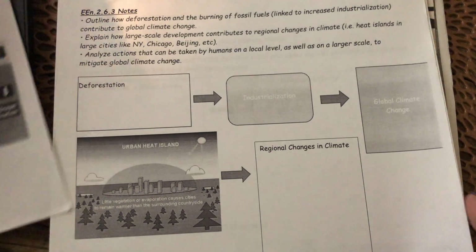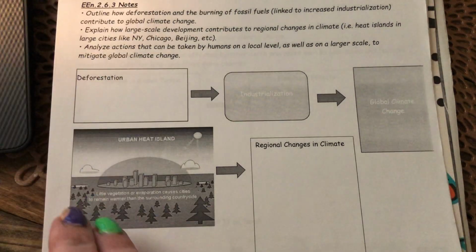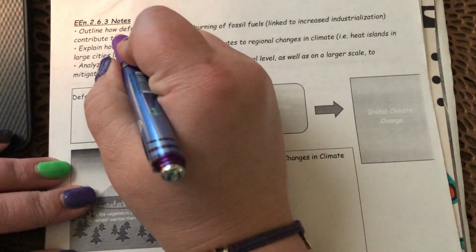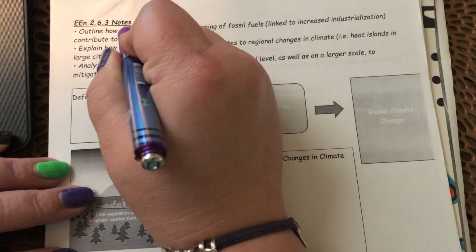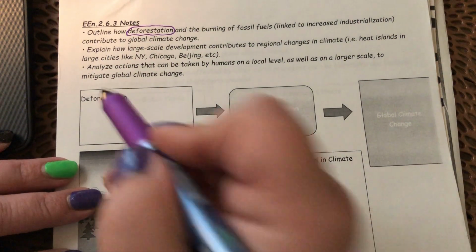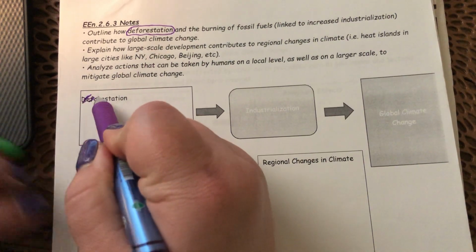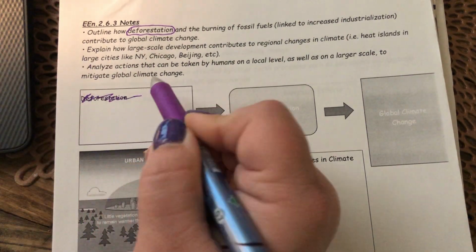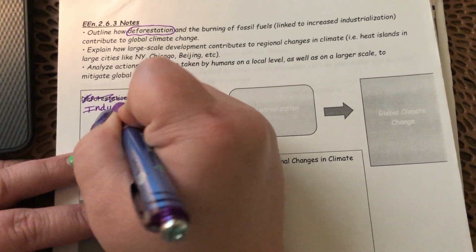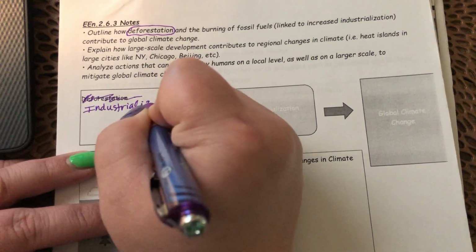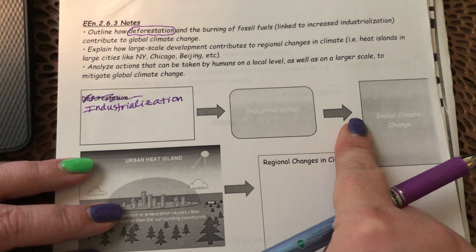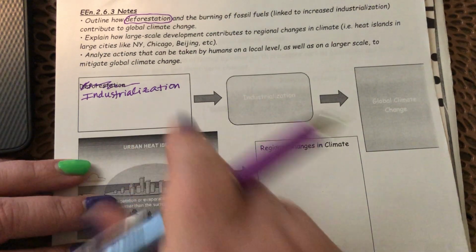All right, so in this part, we're going to talk about deforestation, okay? Deforestation is a big problem, and that's, of course, when we're taking away large pieces. I did not mean to put deforestation right there. Okay, that should be industrialization, sorry. This is a cause and effect relationship right here, okay? So we needed industrialization first, okay?